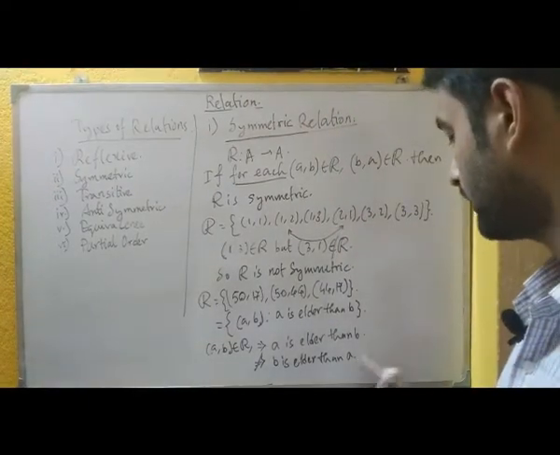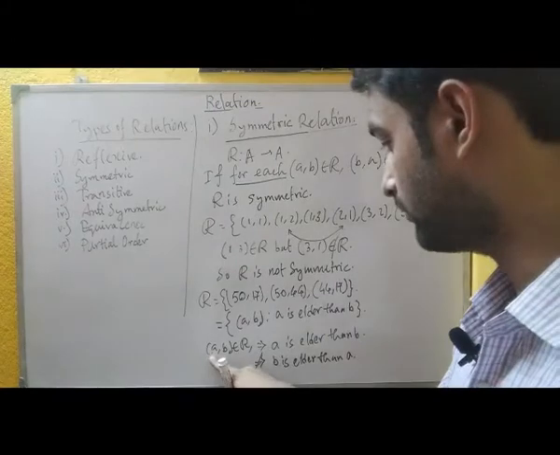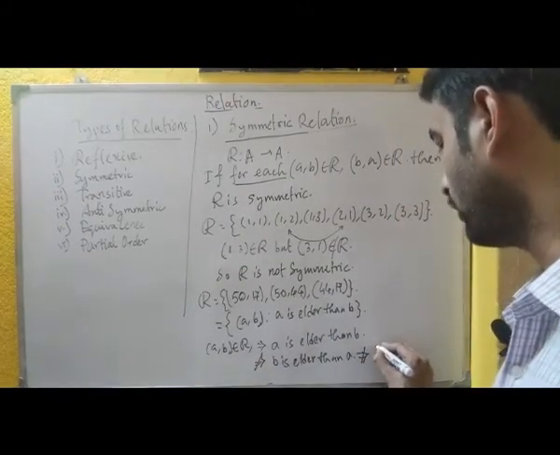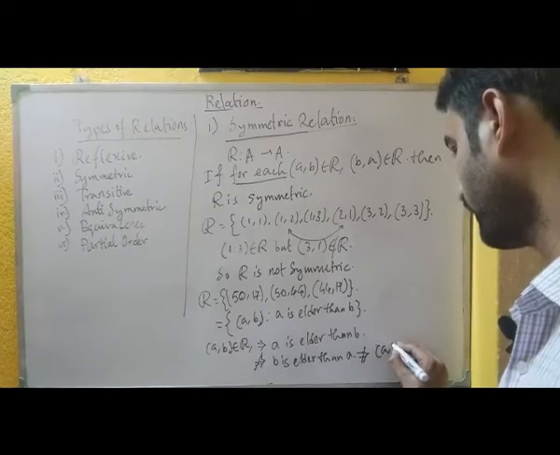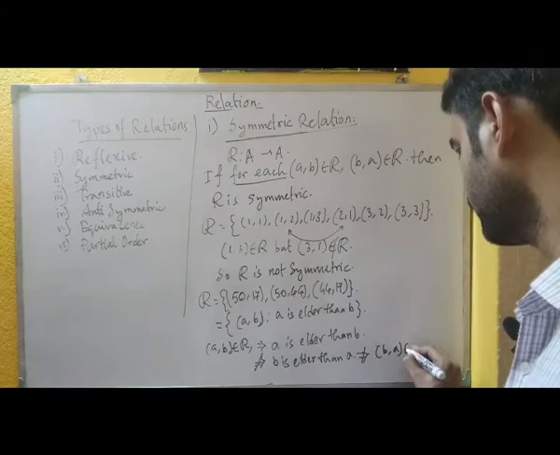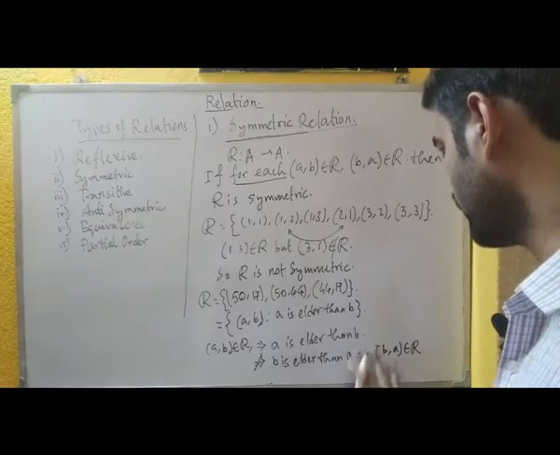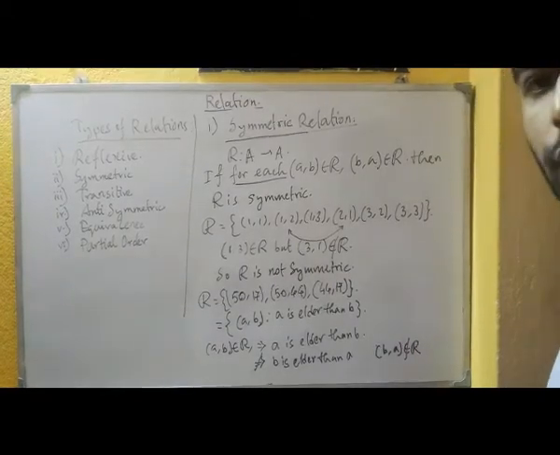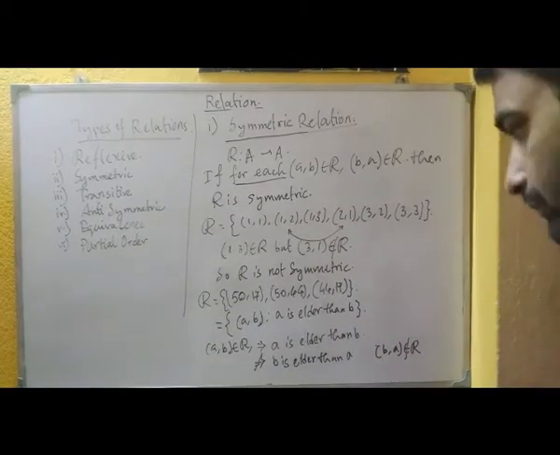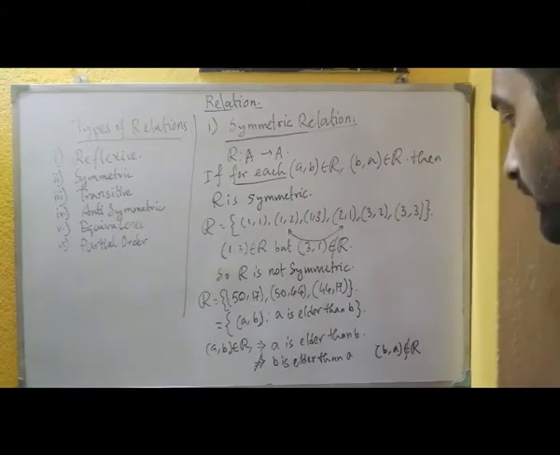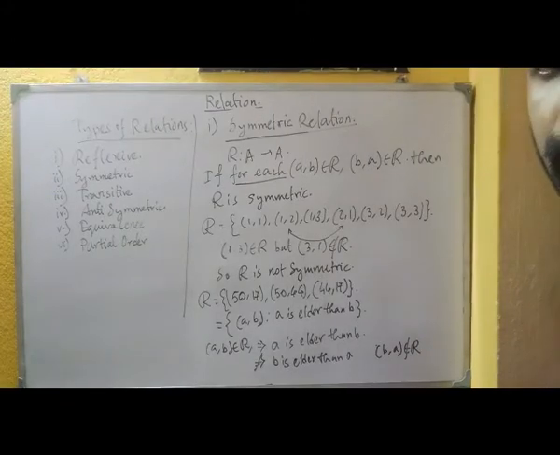So in this case, we can say that the belongingness of (a,b) doesn't imply the belongingness of the reverse order, that is (b,a). Or we can say that this element is not in the relation. So we can say that this relation, that a is elder than b, is not a symmetric one.